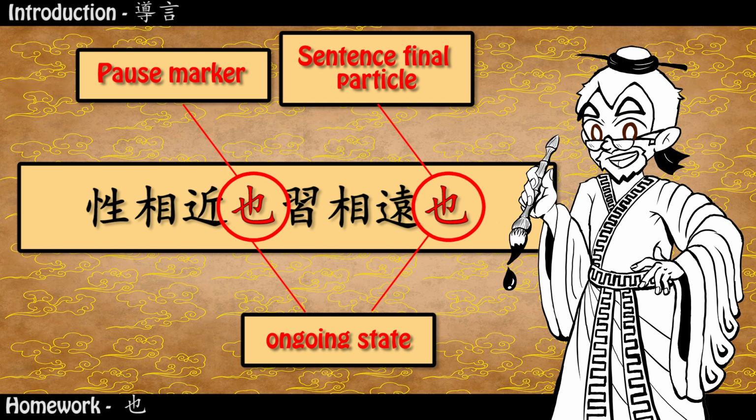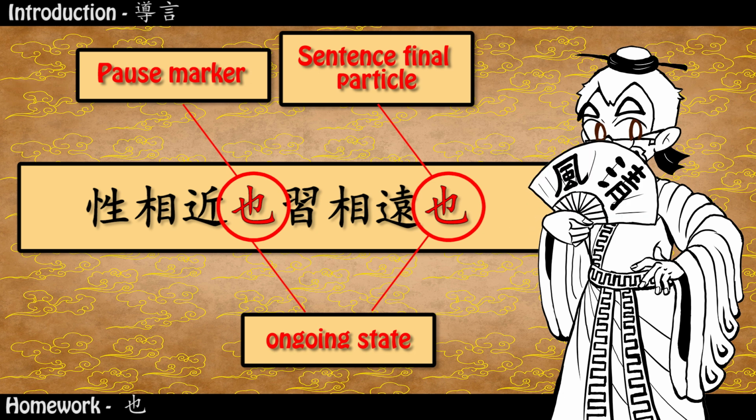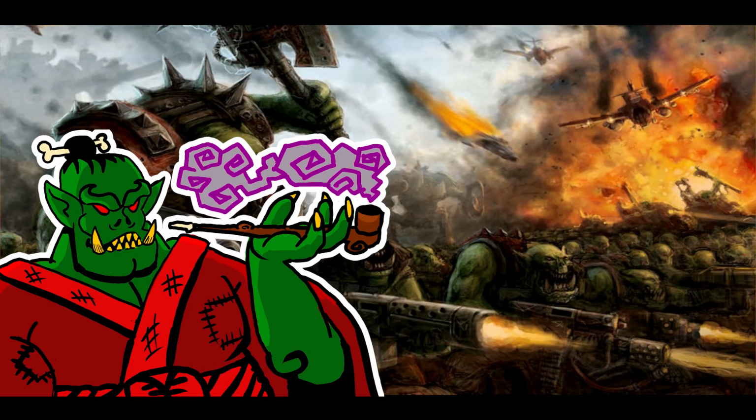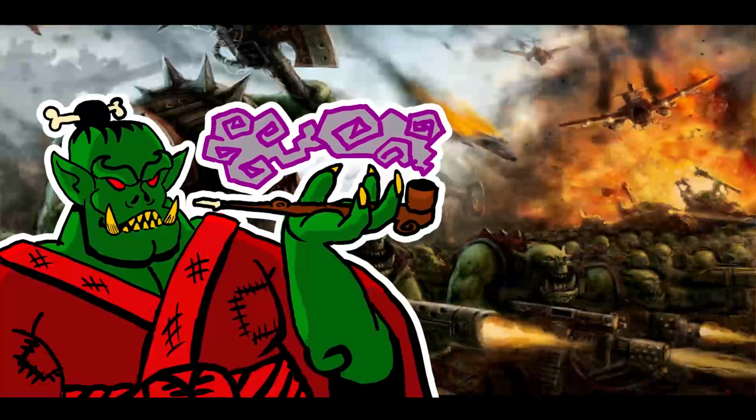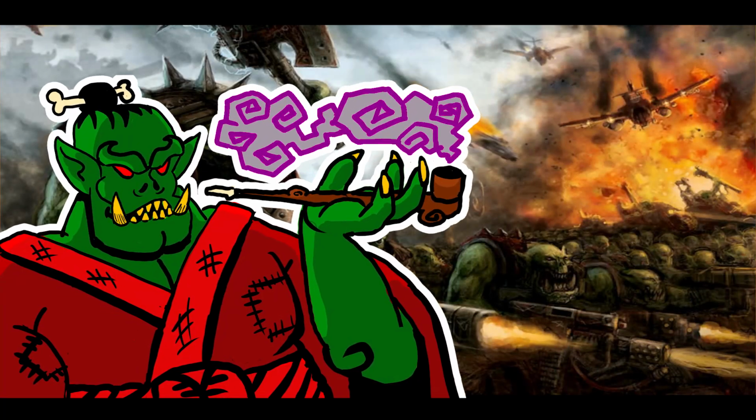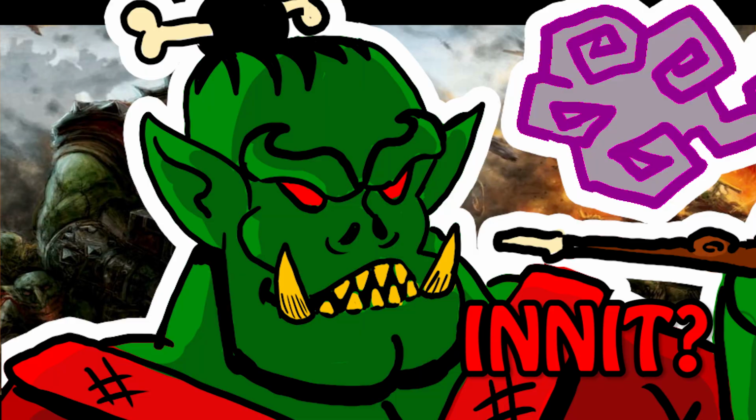Finally, both instances of ye also mark the ongoing state, which can often be seen as giving timeless truths. So mayhap what Master Kung was trying to say was that human nature never changes, but people's habits is what sets them apart, ain't it?